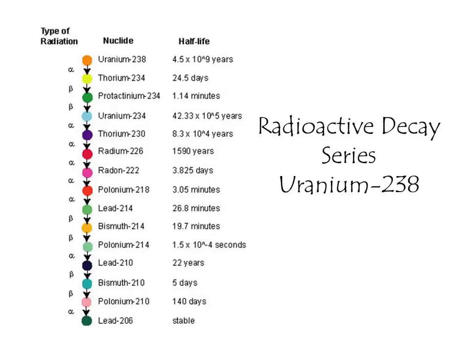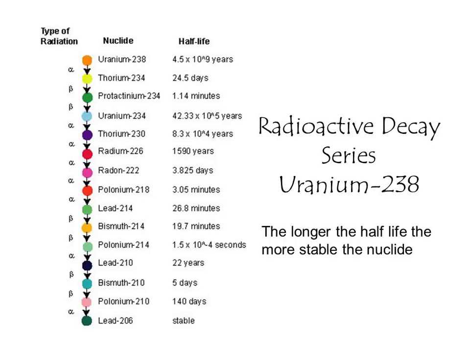Here is the decay series for uranium-238. As you can see, it goes through a series of decay, so alpha, beta, beta, alpha, and so forth, until it becomes stable. Now, you have to note that each isotope has a different half-life.